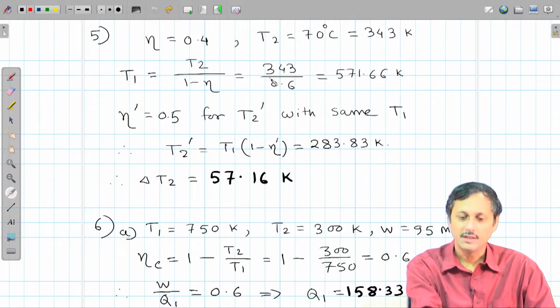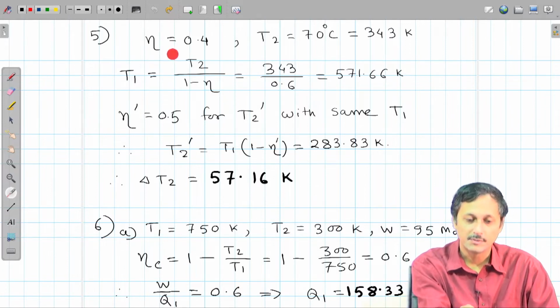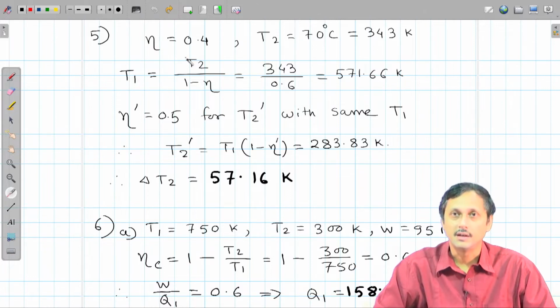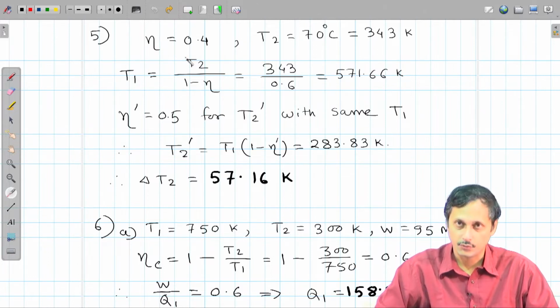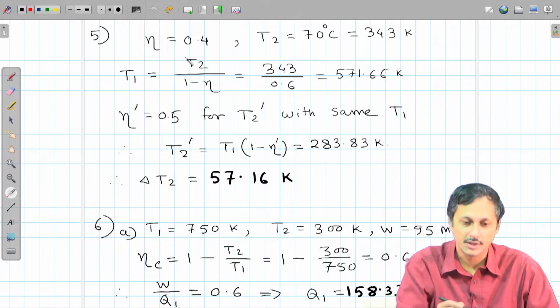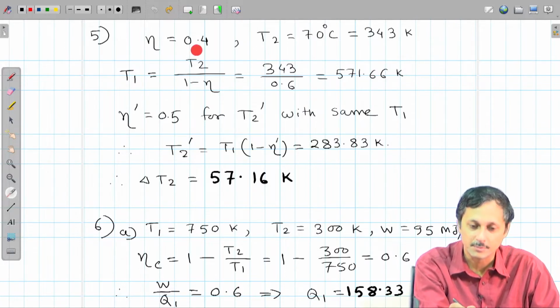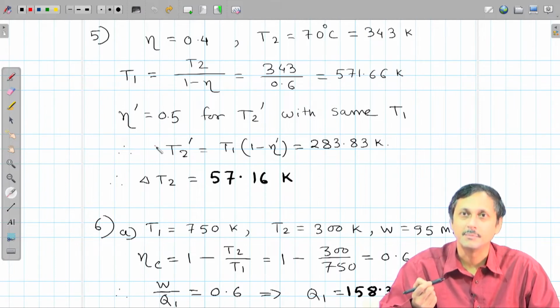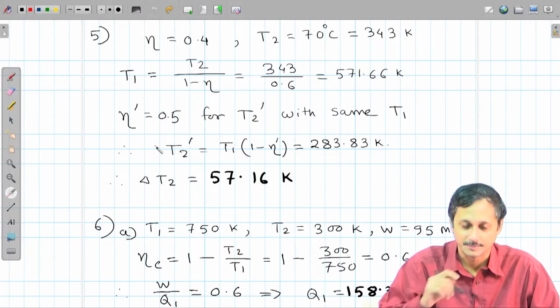Please remember this is 40%. 40% means in the scale of 0 to 1 it is 0.4. 50% means in the scale of 0 to 1 it is 0.5. Either we can represent it as a fraction, or we multiply it with 100 and represent it as a percentage.